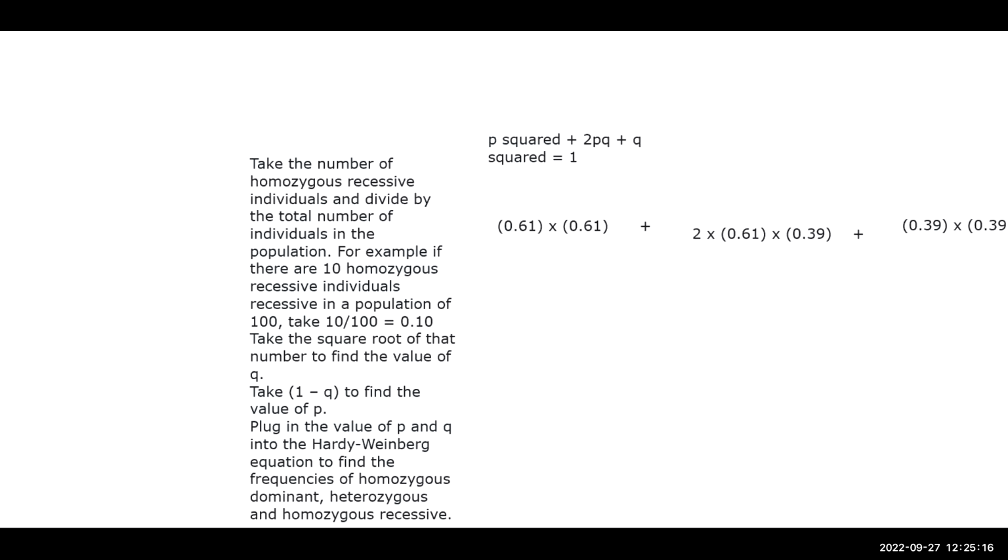So you guys tell me, what's 0.61 multiplied by 0.61 and then rounded to 2 decimal places? 0.37. All right, 0.37, and that's representing which genotype?